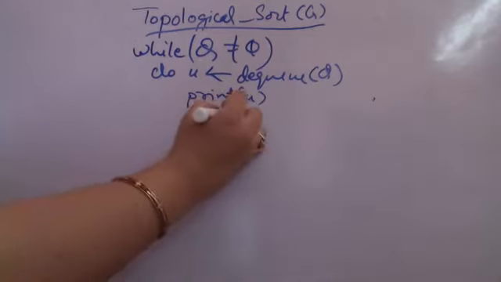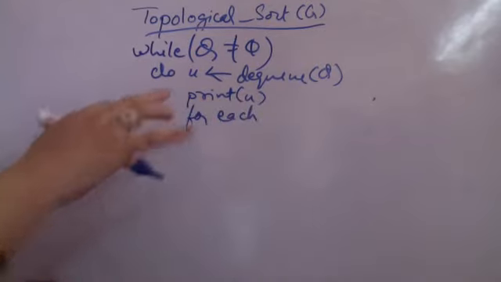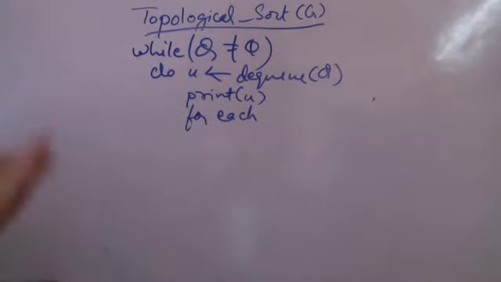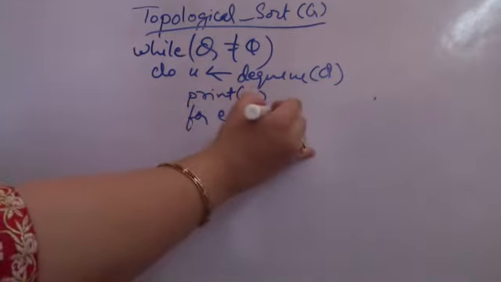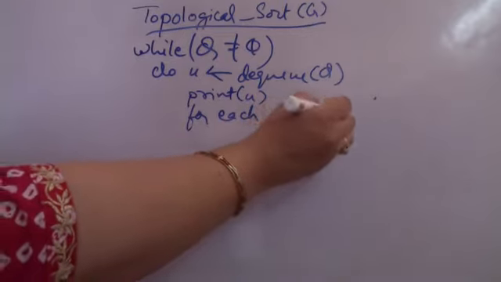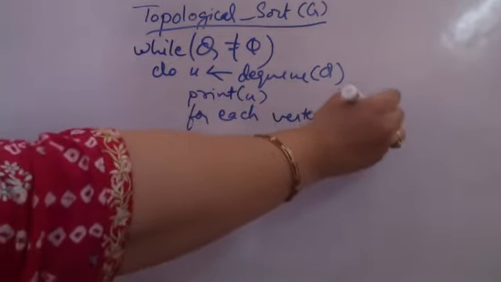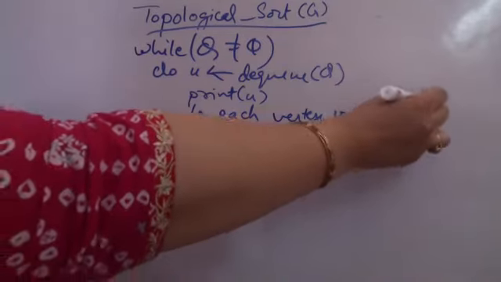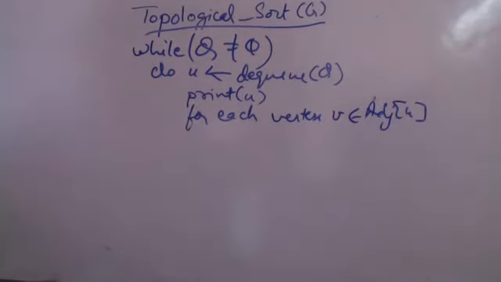For all the adjacent nodes, we have to check their in degree again and remove this edge. So for each vertex V which is adjacent to the given vertex we have picked from the queue, I will be decreasing the in degree.